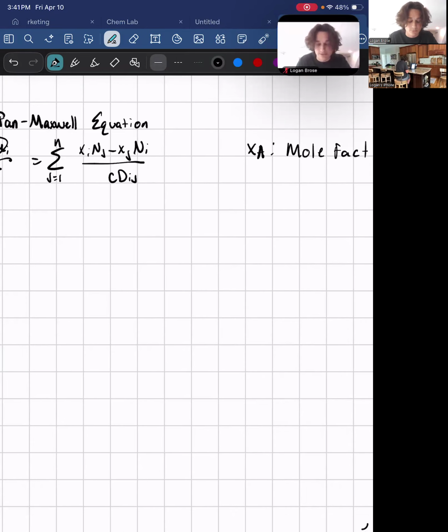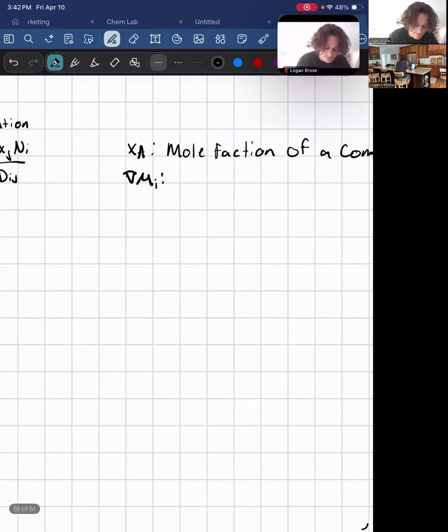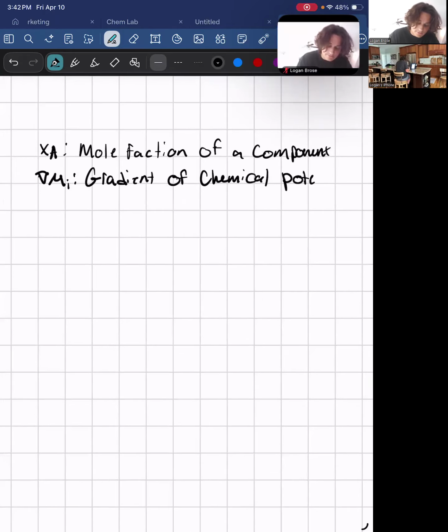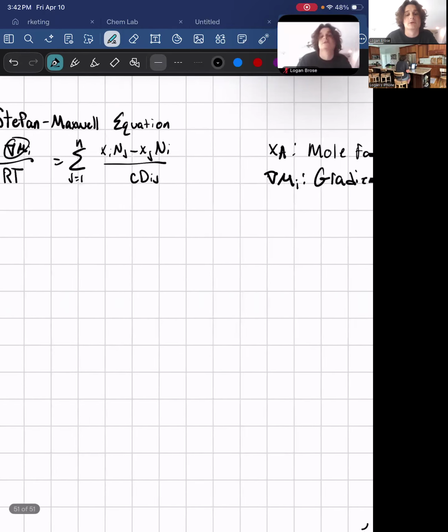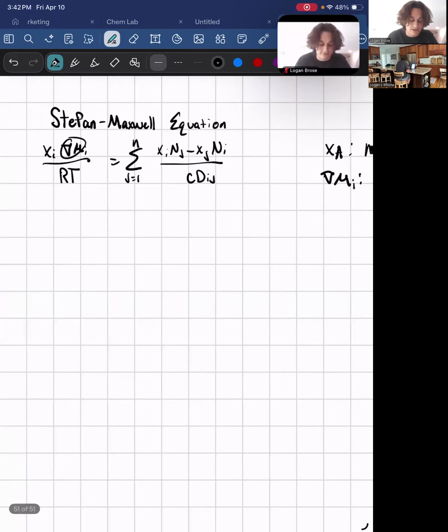And typically, we work with mu being viscosity. Here, it is the gradient of our chemical potential. And in the Stefan Maxwell equation, that is our driving force. This whole term here is our driving force because we have that gradient on that side.